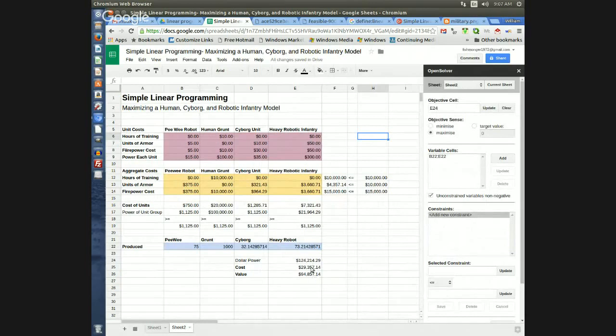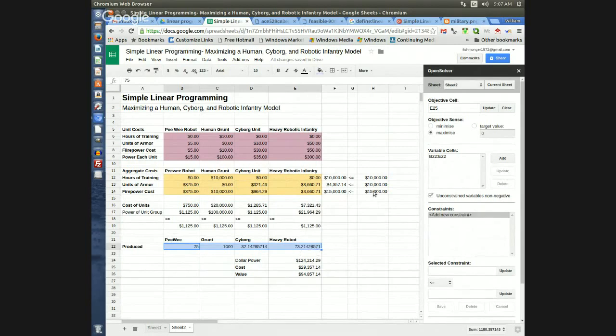So E24, right? No, I want to minimize the cost of these units. So we'll go here and update that to E25, right? And the variable cells are always going to be B22 to E22. That's what's produced. That's like the independent variable, right?